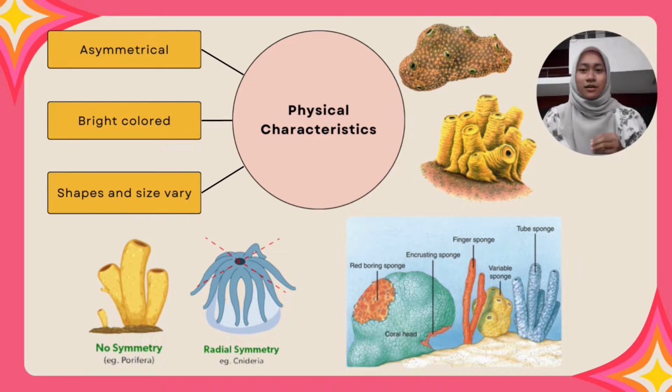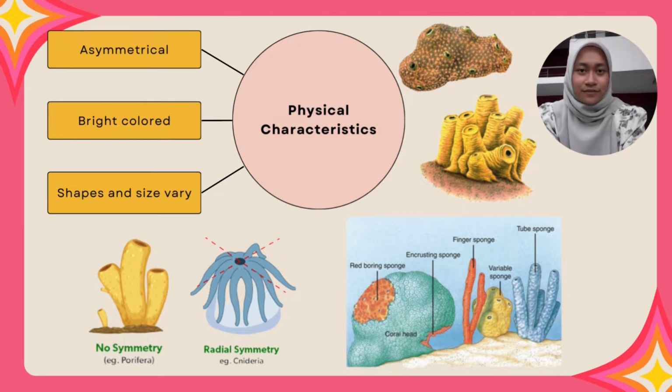So sponges are basically asymmetrical, as you can see in the diagram here. No symmetry means the left and right sides are not the same. Next, the physical characteristic is that they are brightly colored, which means most sponges are bright colored such as yellow, orange or red.